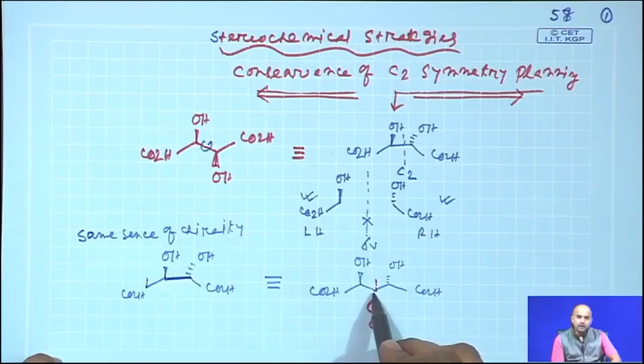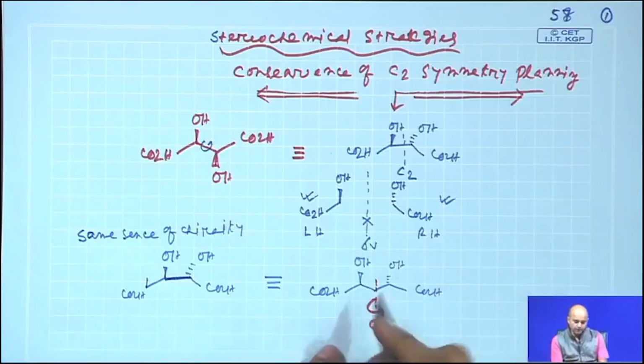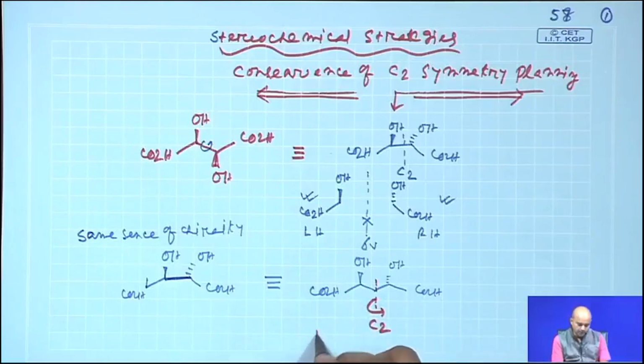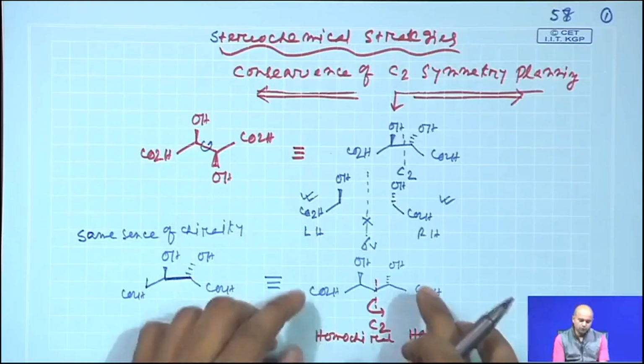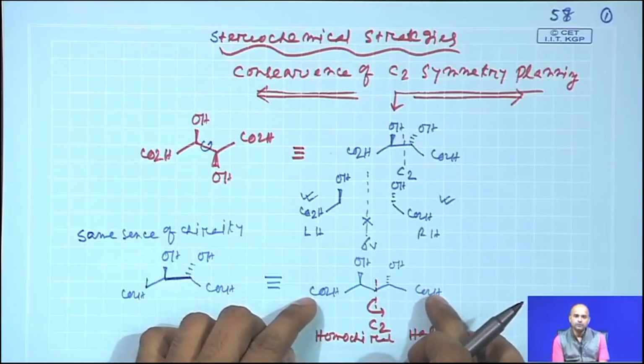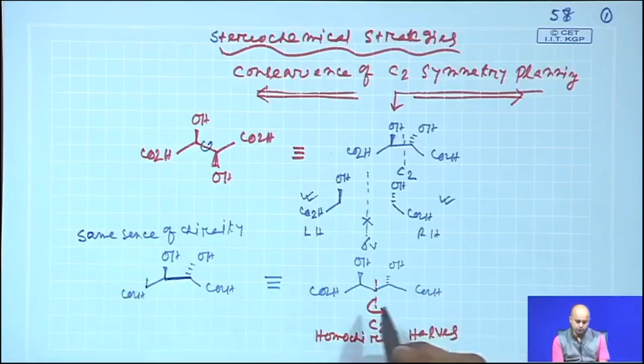It has a methylene spacer, and this methylene spacer joins the two homochiral halves. Homochiral means two halves having the same sense of chirality have been fused through an achiral methylene bridge.